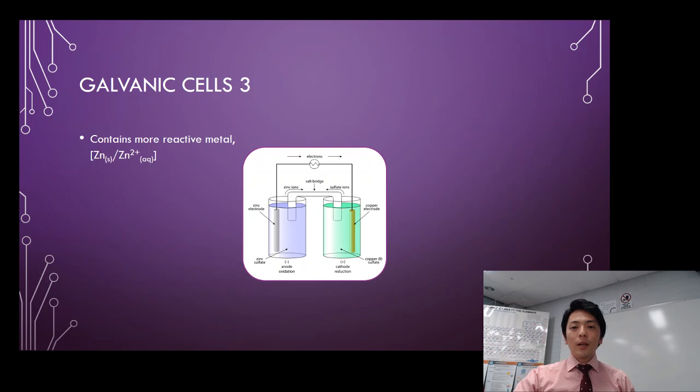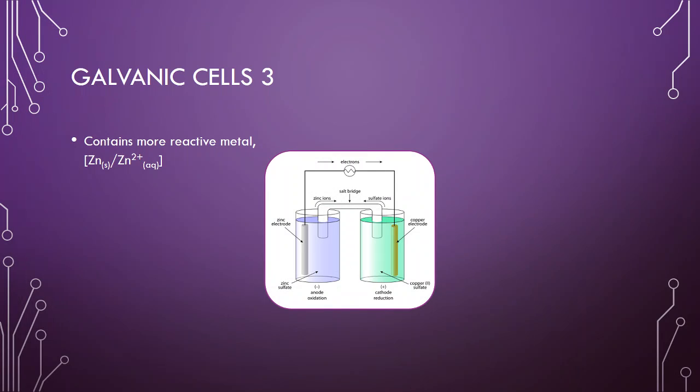Alright, so in a typical galvanic cell, I'll just zoom into this one. You've got zinc solid becoming zinc ion. That's what's written in here. An observation you might have is that the zinc metal would corrode, and zinc ion concentration goes, what do you think? Well, it's corroding, so it goes up, increases.